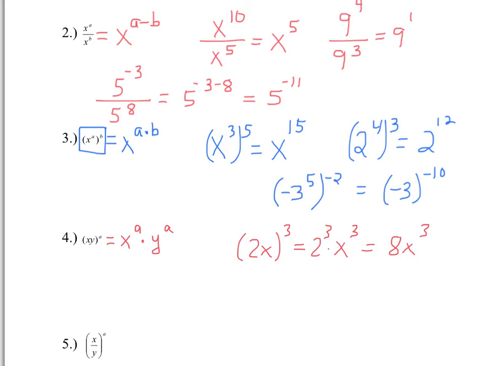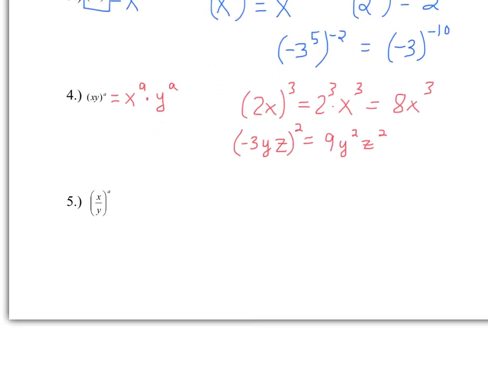Okay, maybe you have something like negative 3yz, that whole quantity squared. Well, again, you would distribute that power all the way through. So in this case, you'd have 9y squared z squared. All right.